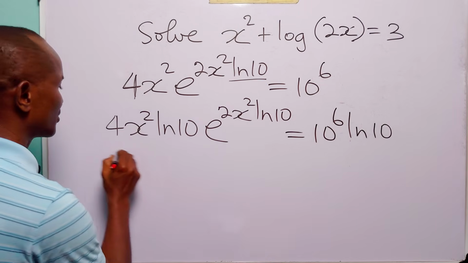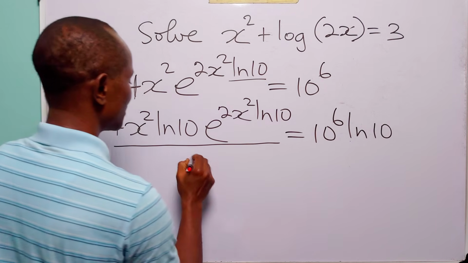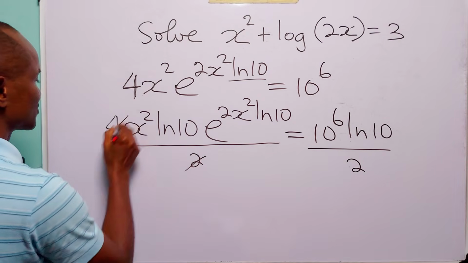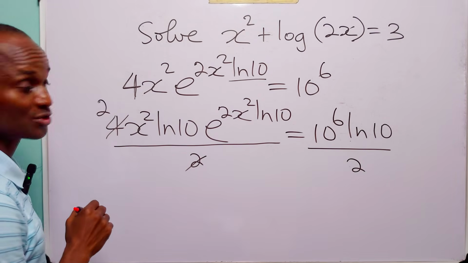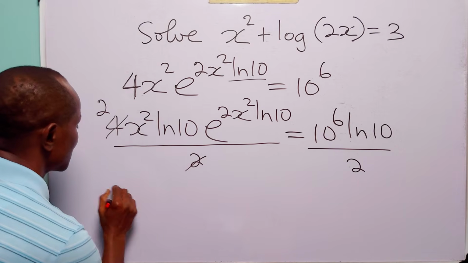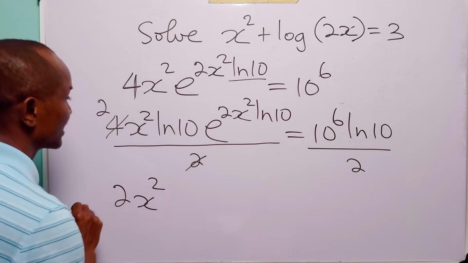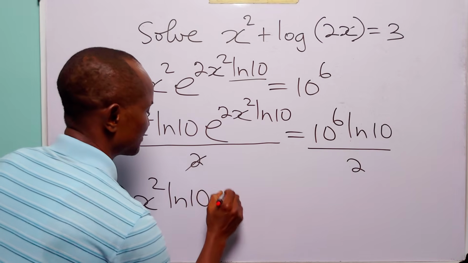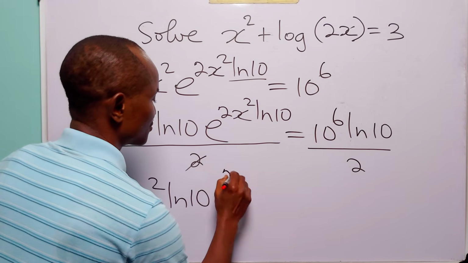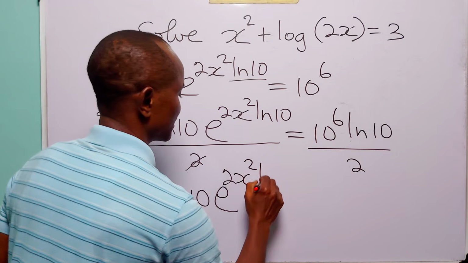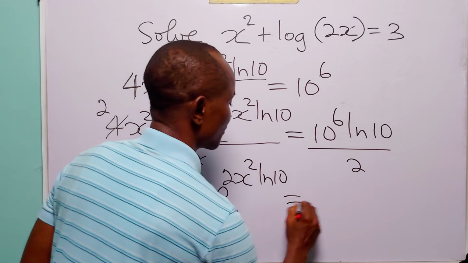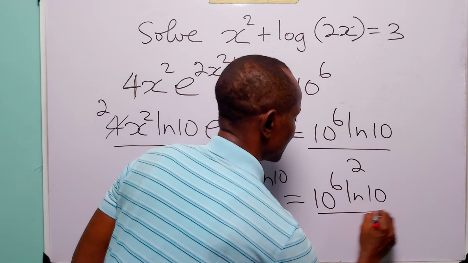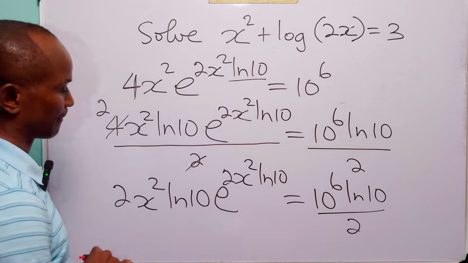And then lastly, we are going to divide through the equation by 2. This is going to divide this to leave us with 2, giving us 2x squared times ln 10 times e to the power 2x squared times ln 10 is equal to 10 to the power 6 times ln 10 divided by 2.